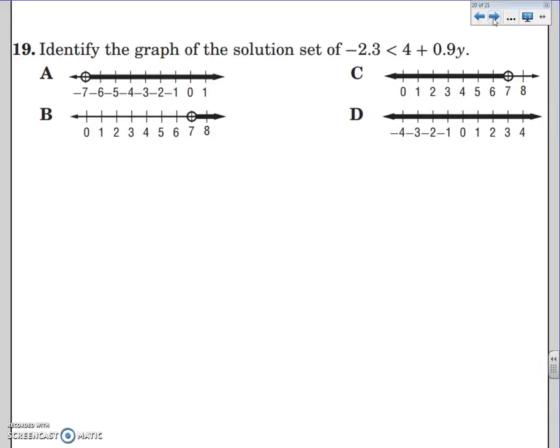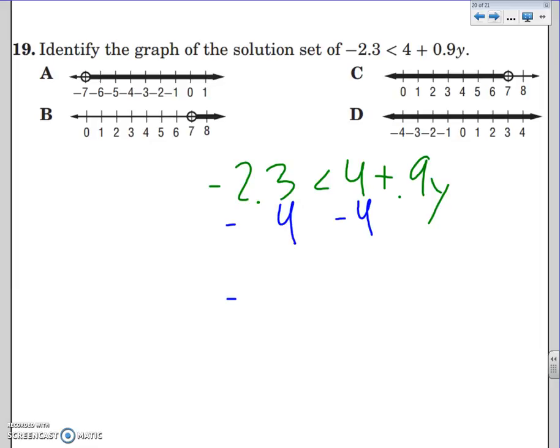Alright, find the graph for this. Well, just solve it. Algebra. -6.3 is less than 0.9y. Divide that.